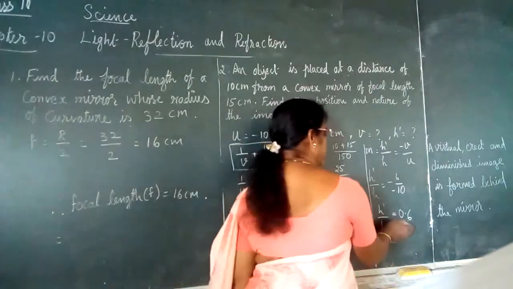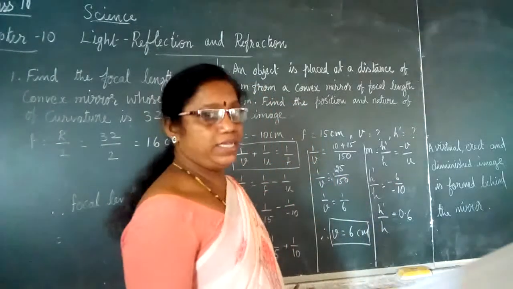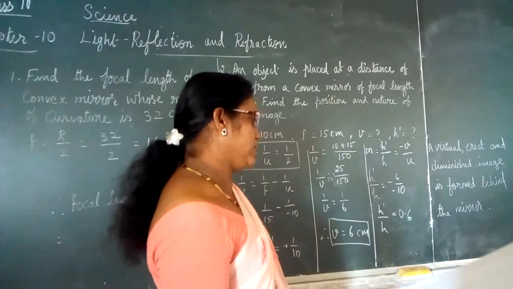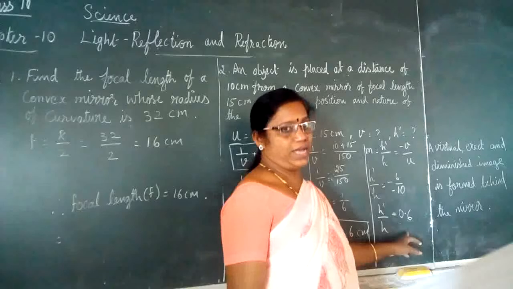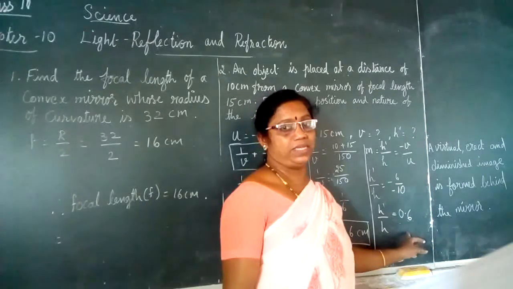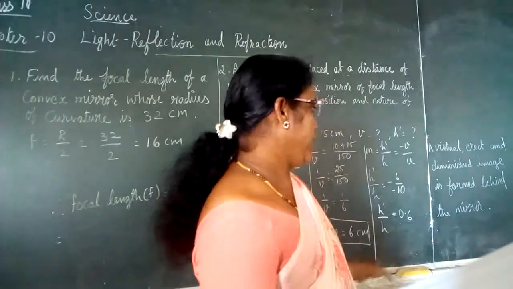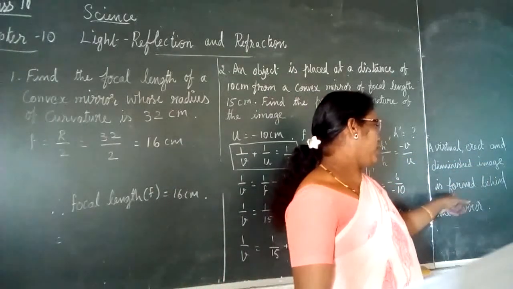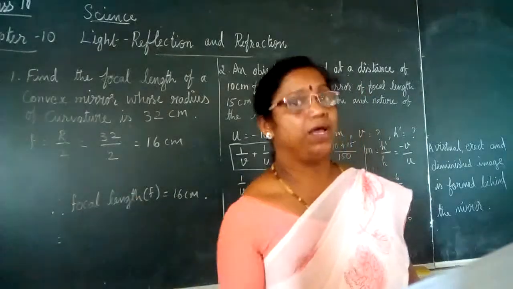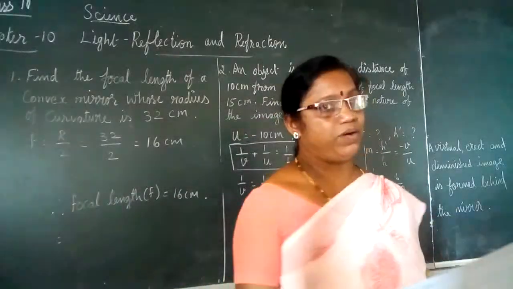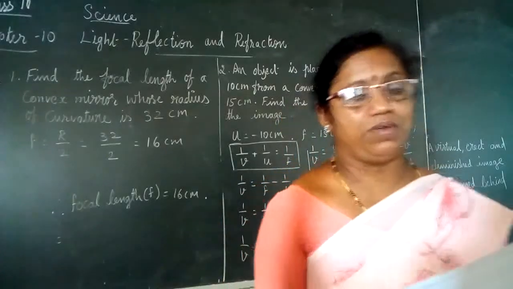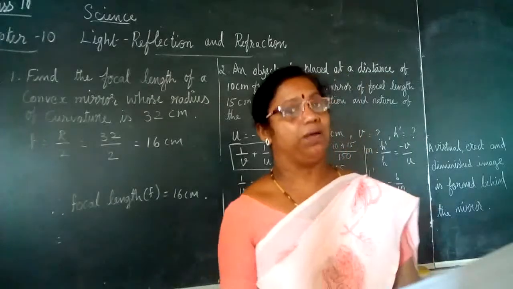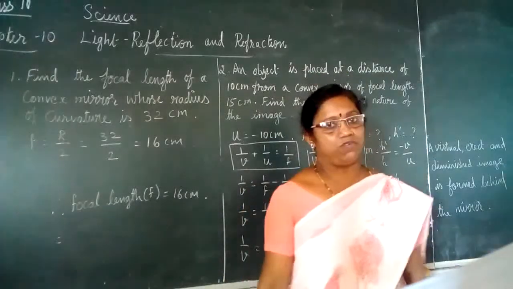Now, here the plus sign indicates it is a virtual image and a direct image, as well as the ratio is less than 1, so the image is a diminished image. Hence, a virtual and diminished image is formed, and it is behind the mirror, because in a convex mirror we always get a virtual image. Where will you get the virtual image? Behind the mirror. So this is the nature of the image formed.